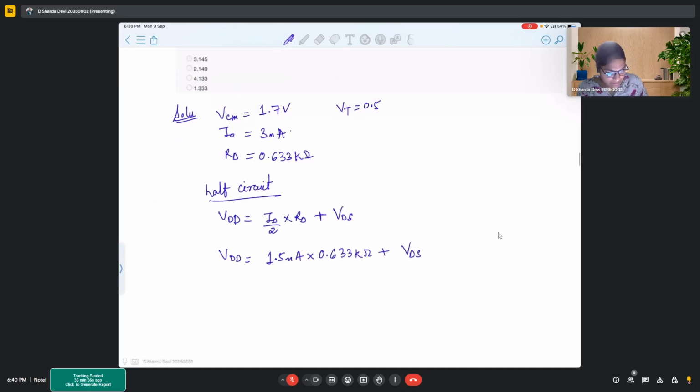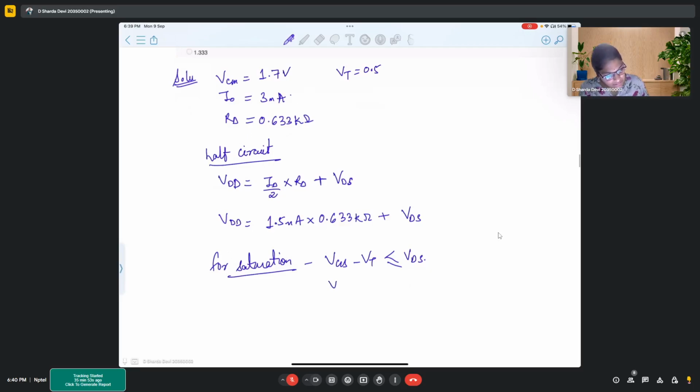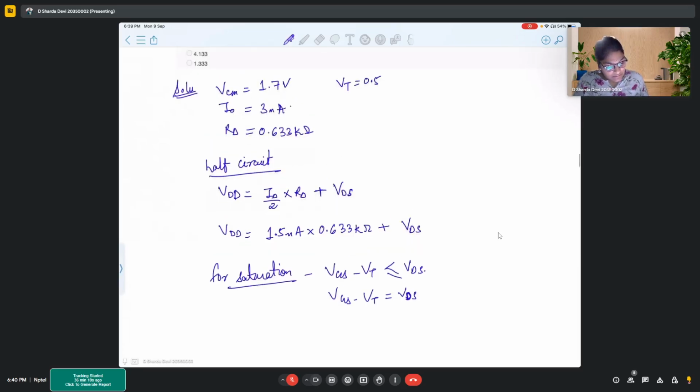Now we know for saturation, VGS minus VT should be less than or equal to VDS. So VGS minus VT should be minimum equal to VDS, which is the limit of saturation.